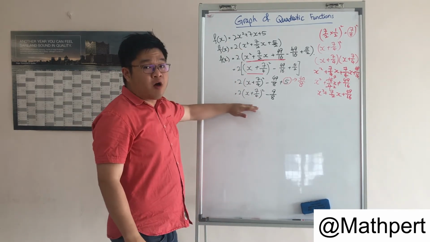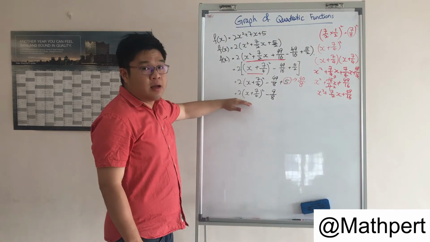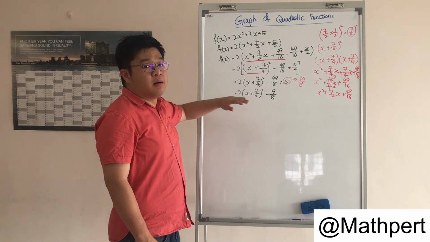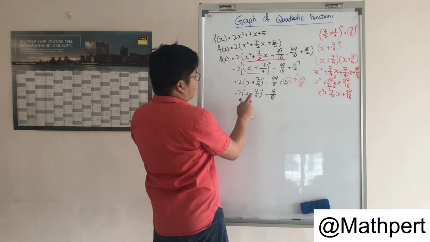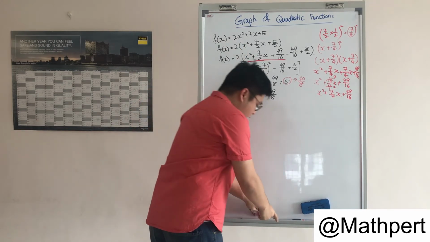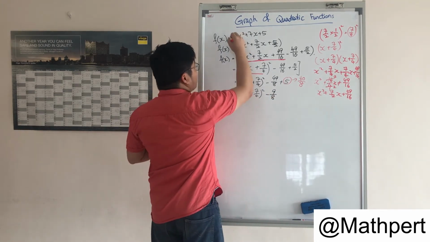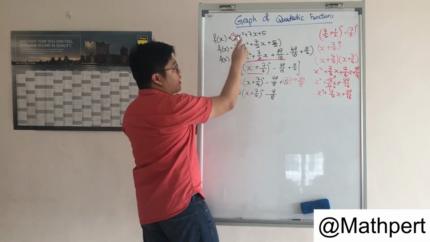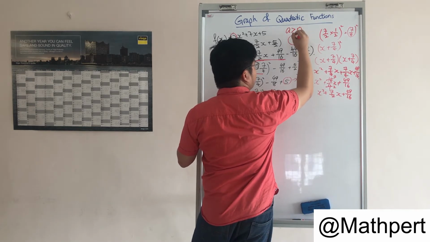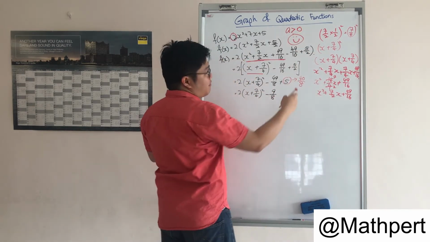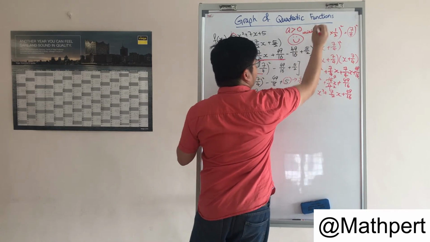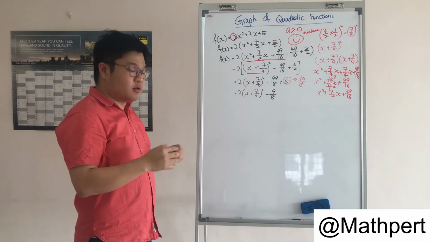In this completing square form, we can determine whether this is a maximum or minimum point, and where it is. Here, the coefficient of x squared is bigger than 0, meaning we get a happy face. A happy face has a minimum point. So where is the minimum point?